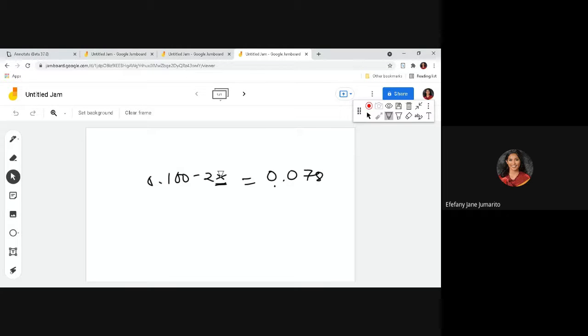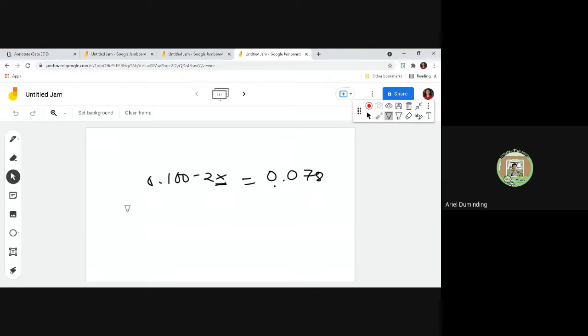We are going to find x. So what we will do is what? Divide, ma'am? Class, use MDAS. The first thing to do here, class, is ano? Transpose, ma'am. Okay, transpose.